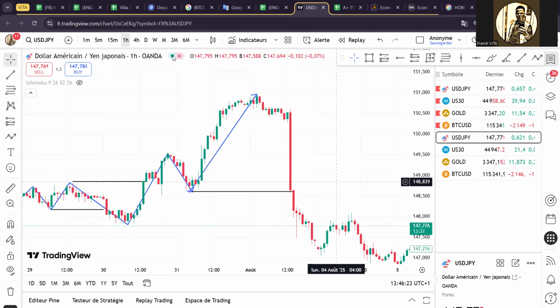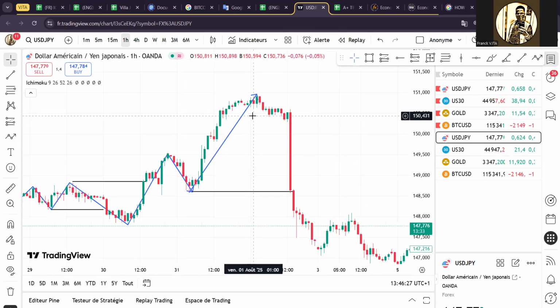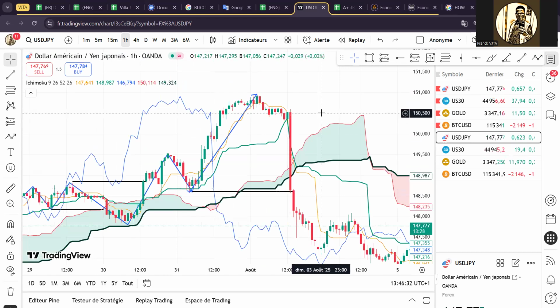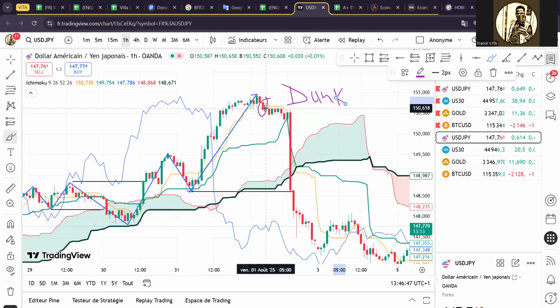But what Ishimoku is telling you is that rather than waiting, you can actually come and sell from here, because you have this setup that is called Ishimoku Dunk. You can sell the dunk just right there, and Tenkan is bending to the downside.